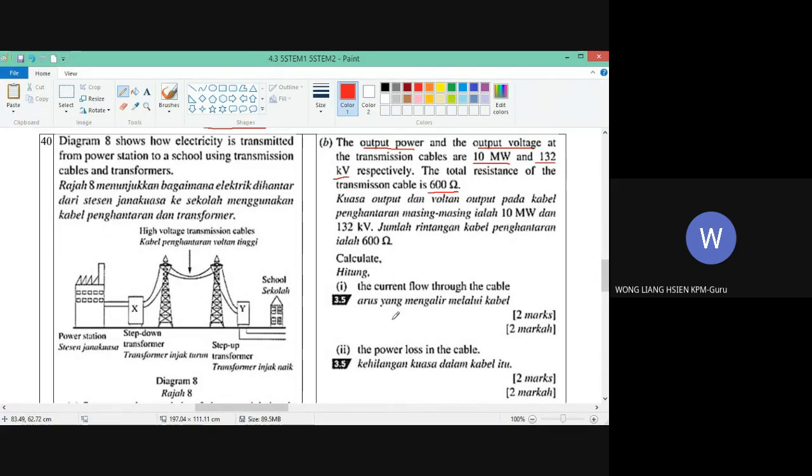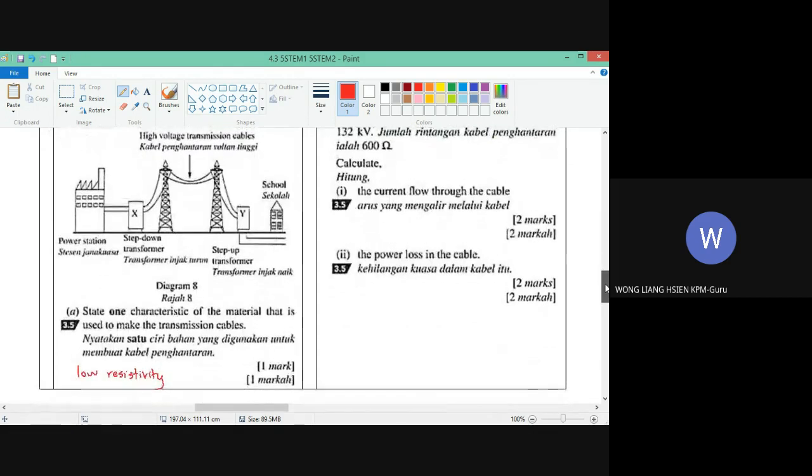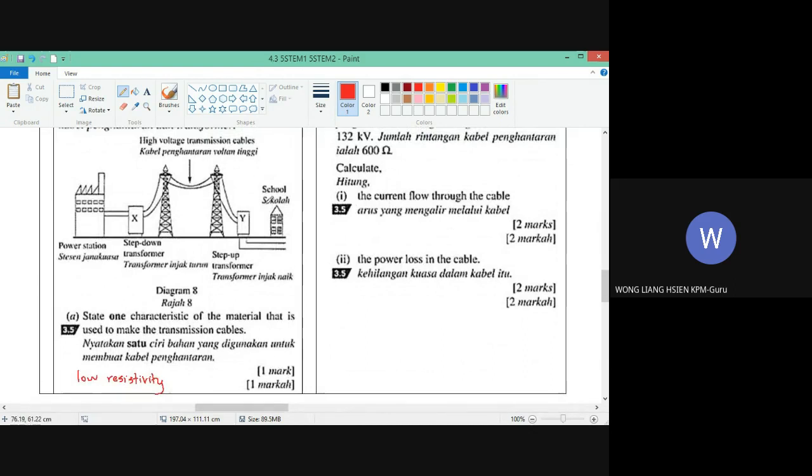Coincidentally, they can get the correct answer, but they do not know the actual reason why they use P equals VI. So I want to explain this part in detail.